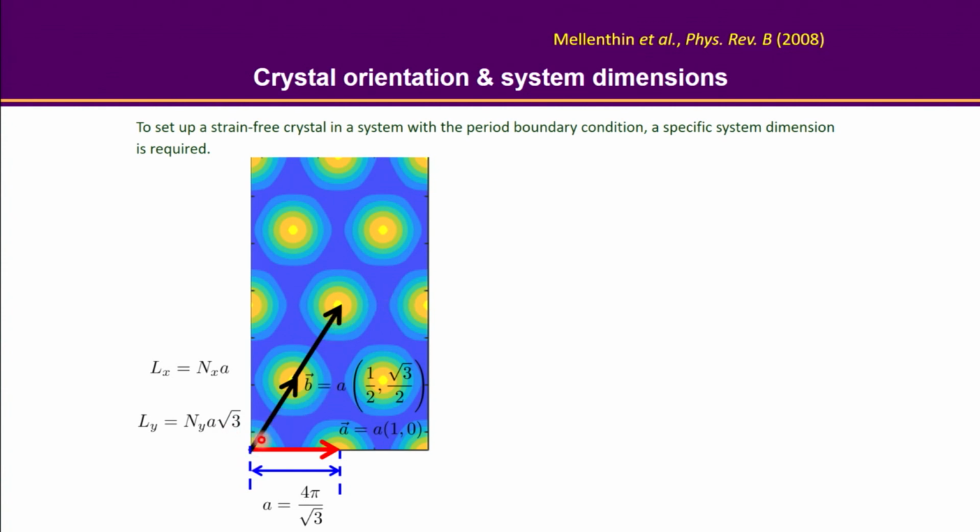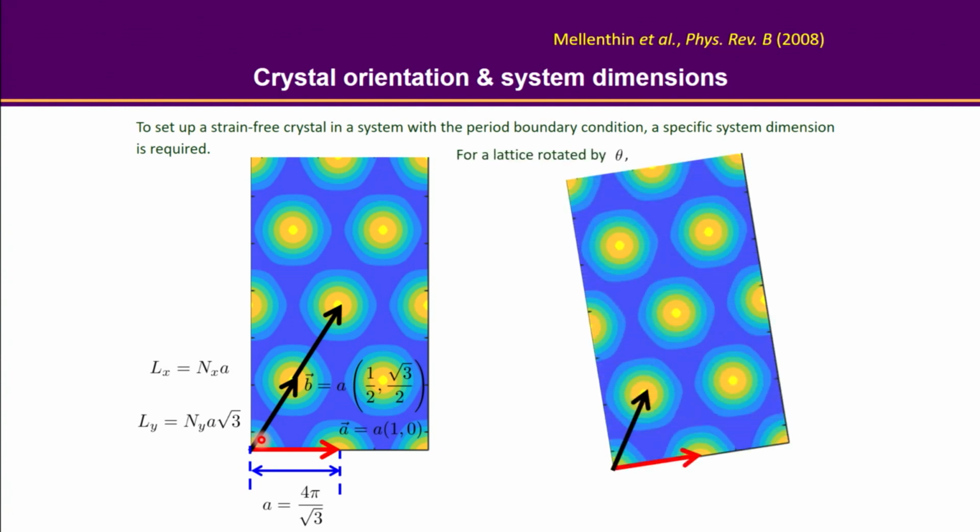So there's always a relation between the summation of how many A plus B that will bring you to the periodic structure. So even for a lattice that's being rotated by angle theta, you can also use that relation to determine the size of box you should have to put the stress-free solid. Okay, so the following is just the detail, but the concept is there.